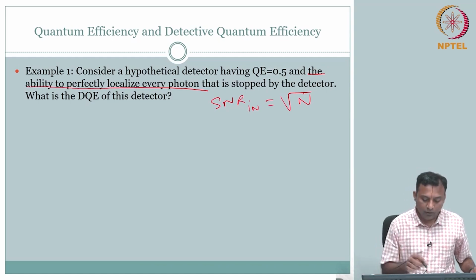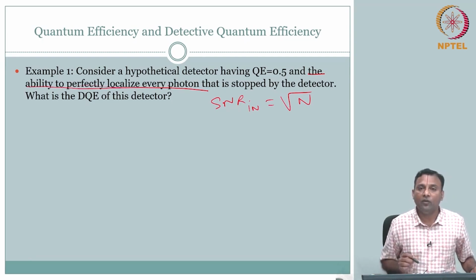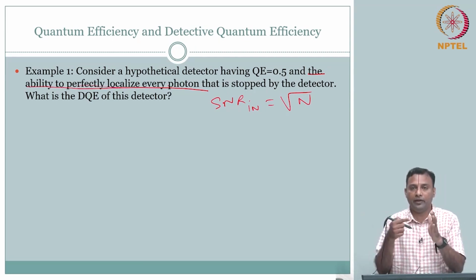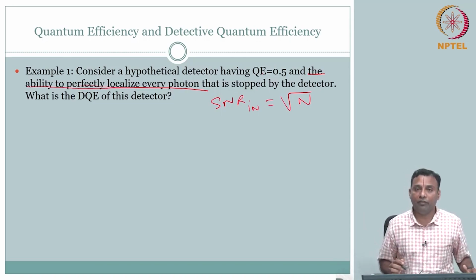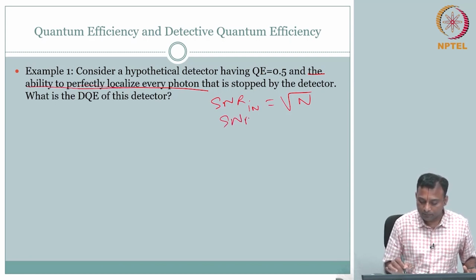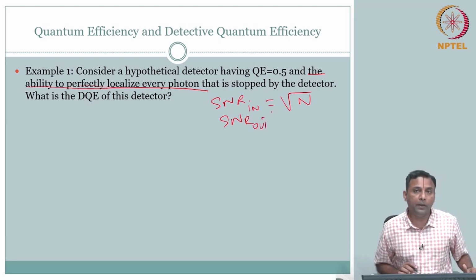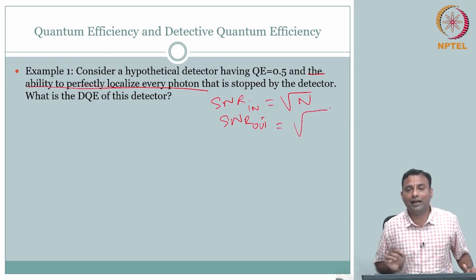If this clue is given, what will be my output? With n photons input and QE of 0.5, I have to calculate the SNR out. That is going to be the square root of the average number of photons.